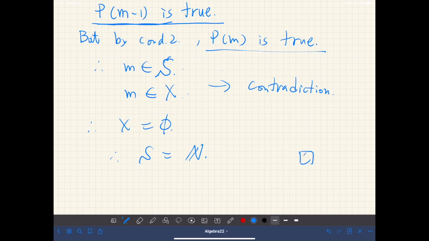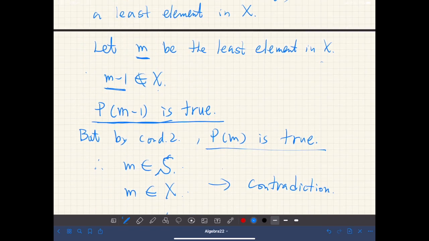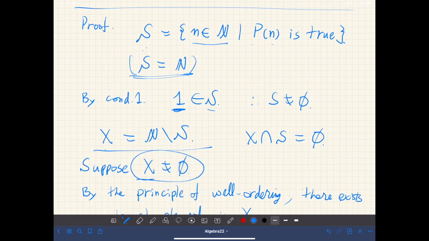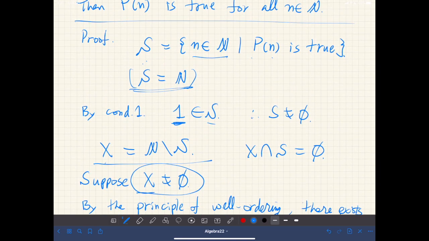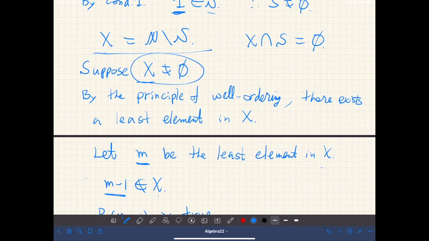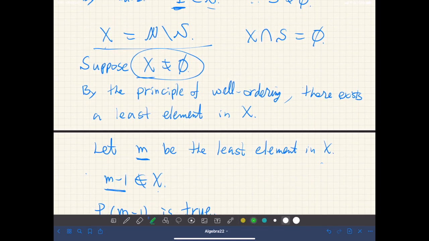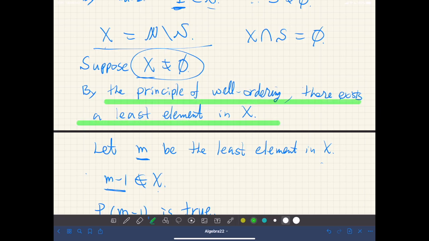And we are done. From this proof, you can see that the principle of mathematical induction is based on the principle of well-ordering of natural numbers, right? In the proof, we have used the principle of well-ordering here.